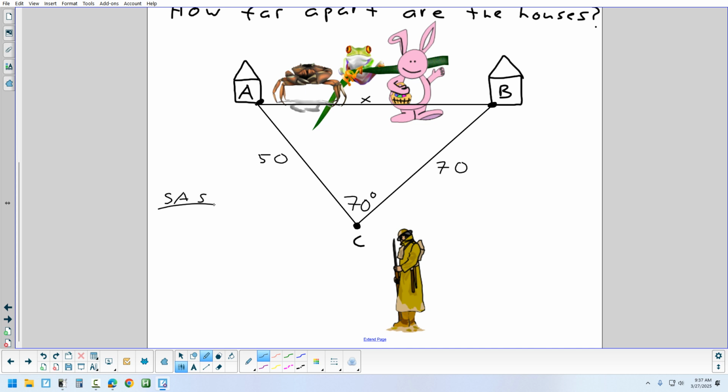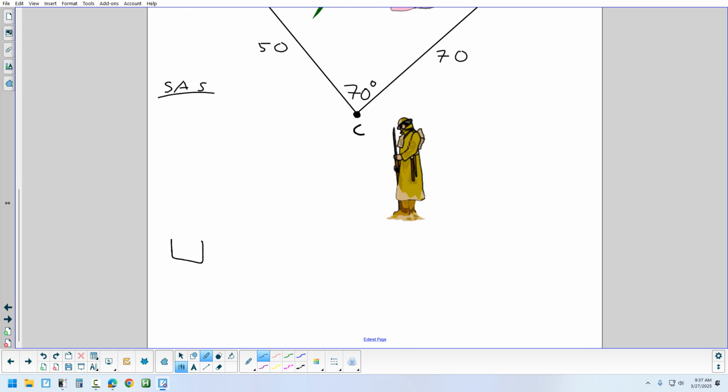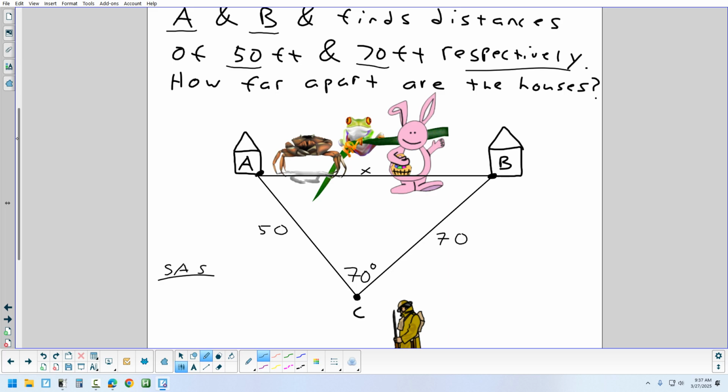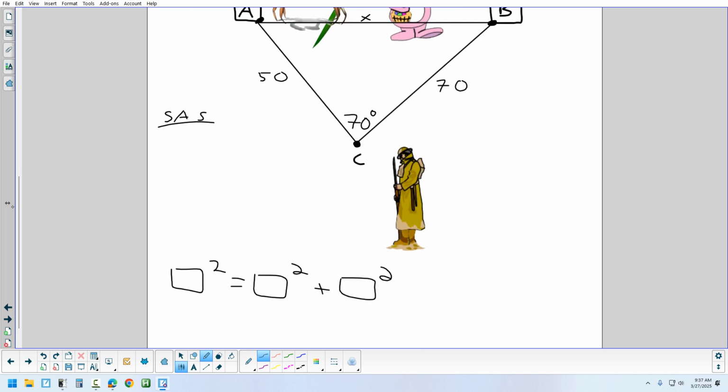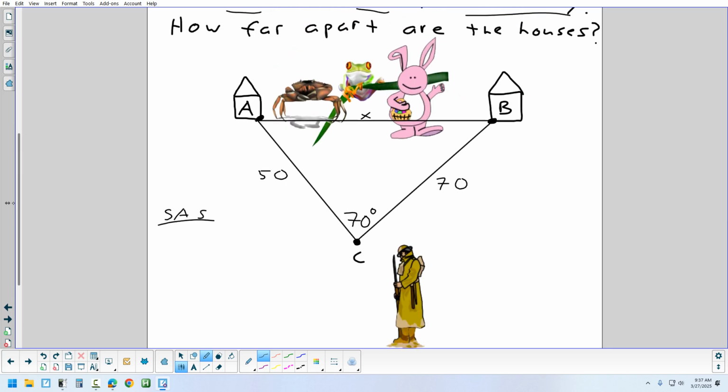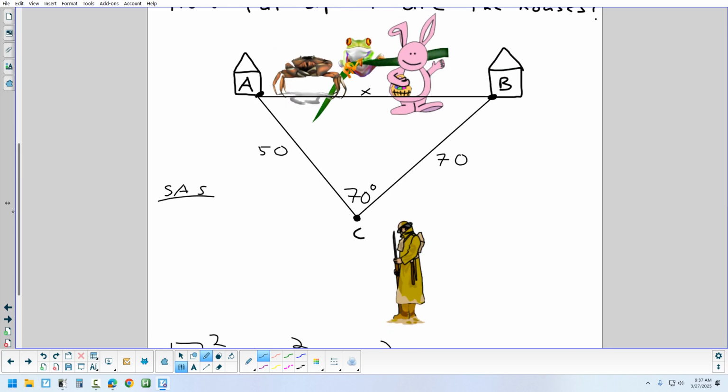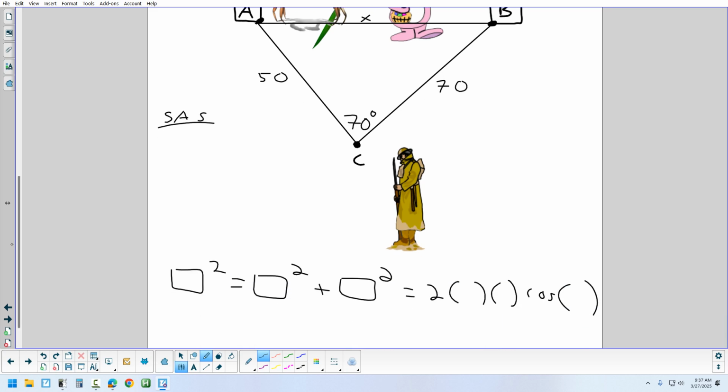What would we have to start out with in our formula if we want to find the distance between houses A and B?